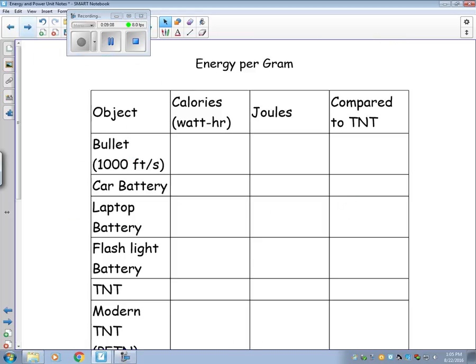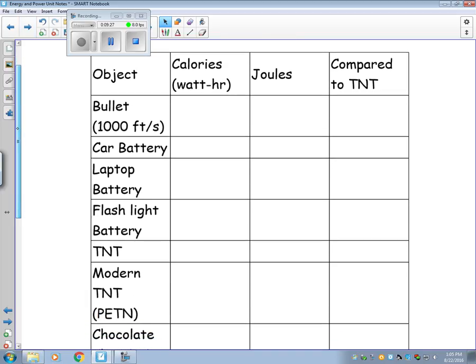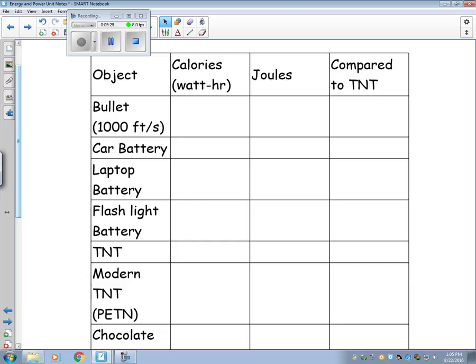All right, so let's take a look at a table of some various objects. Now we have to make sure something about them is all the same. So what this is will be energy per gram. So remember, gram is a unit of mass. We can measure out a gram. So let's take a look at our first one here. Our first object is a bullet.